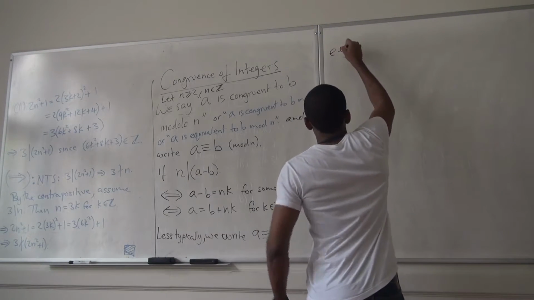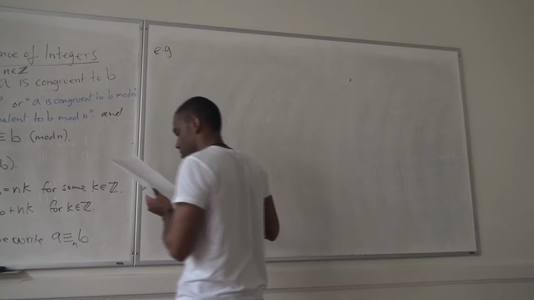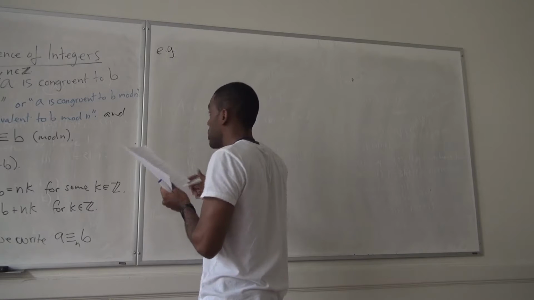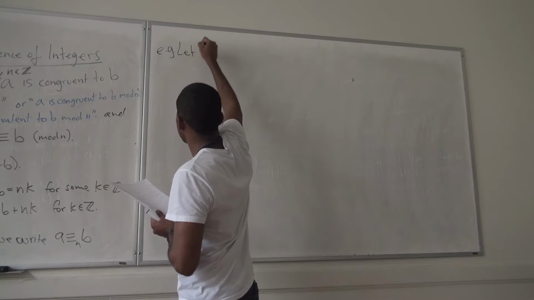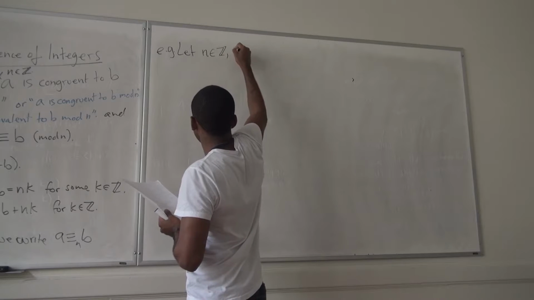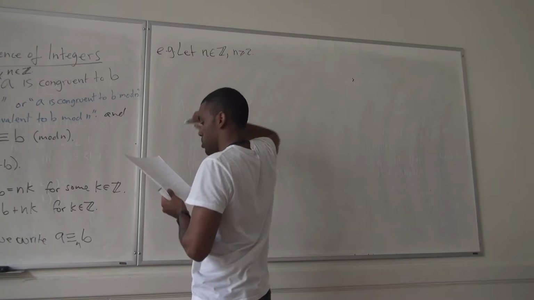Example. I'm not sure if your text proved this, but the text would prove things like this. Let's say n is an integer, n greater than or equal to 2.